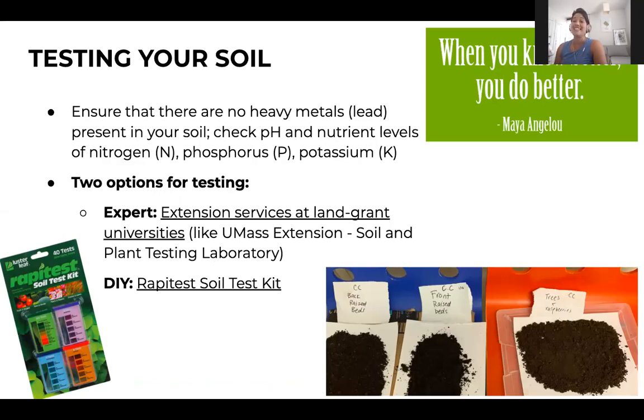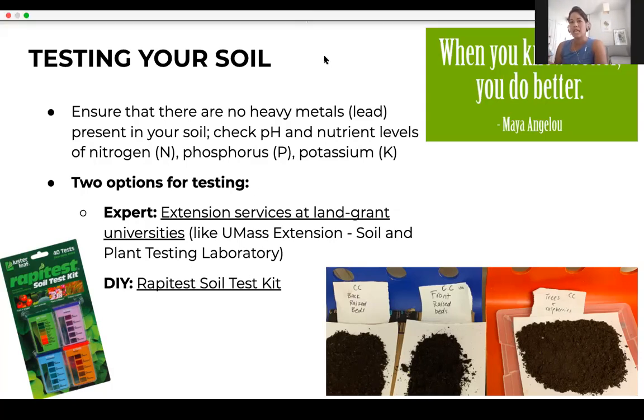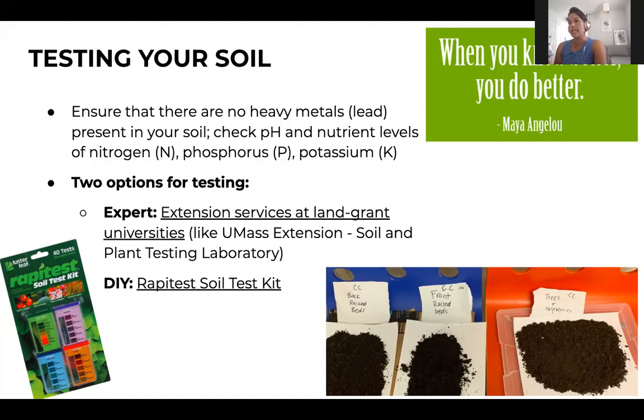Soil testing. There's a lot of things that we can tell about our soil just from observing it and looking at it. If it is clay-based, you would be able to tell: if it's really hard and the water's pooling at the top, we would know that it has too much clay. But there are some things that we can't tell just from looking at it, and that's when we need to do soil testing.